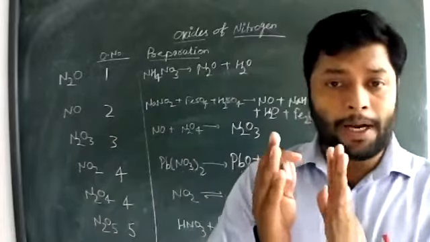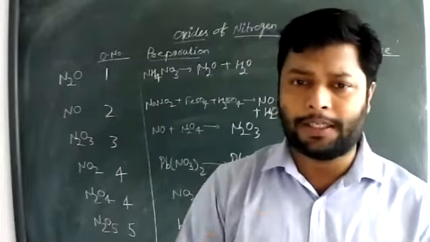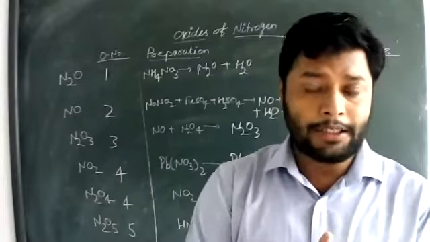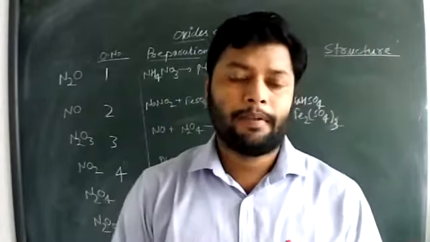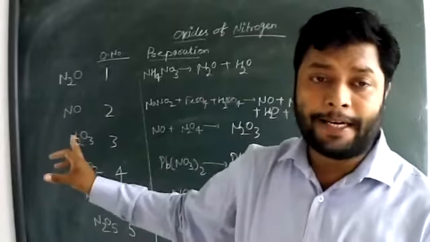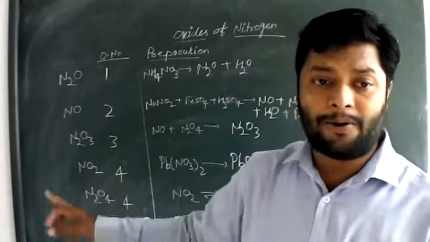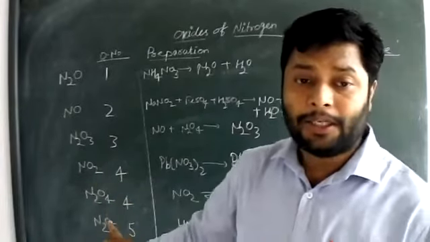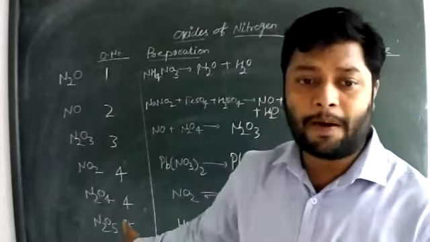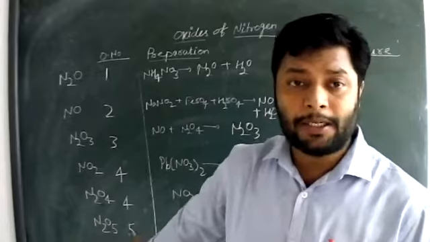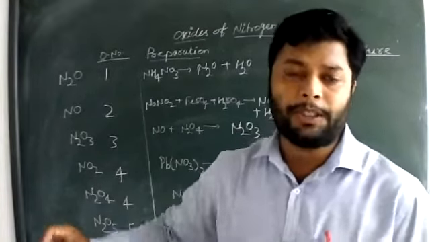And whenever there is more covalent character in a molecule, covalent or ionic, no matter, that is actually responsible for acidic character. And that's why from dinitrogen trioxide to dinitrogen pentoxide, these four compounds are acidic, in which dinitrogen pentoxide is the most acidic because of the highest oxidation state and most covalent character of nitrogen.